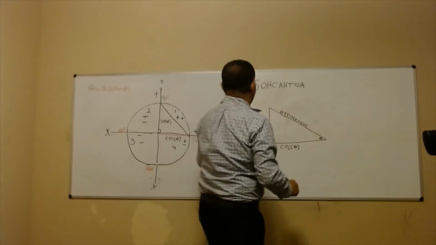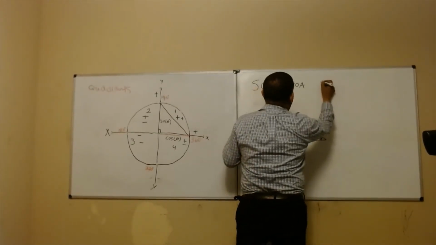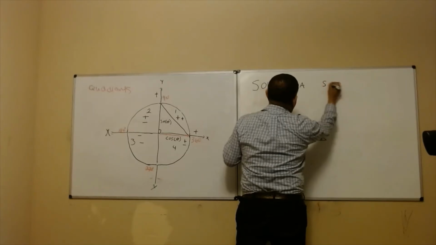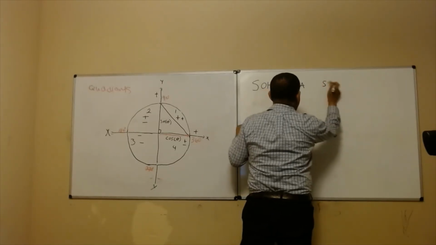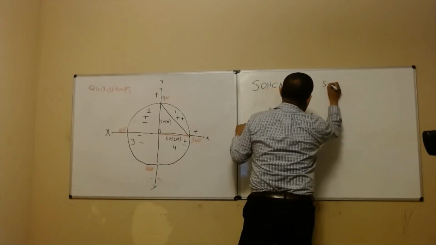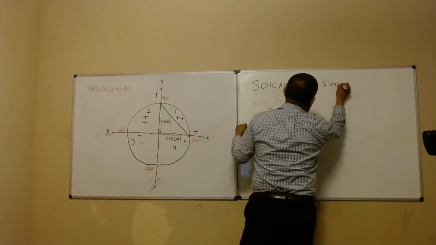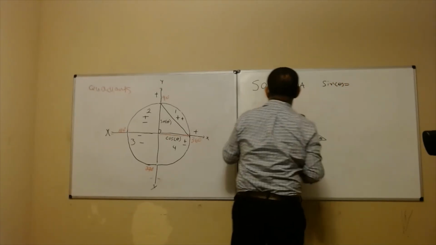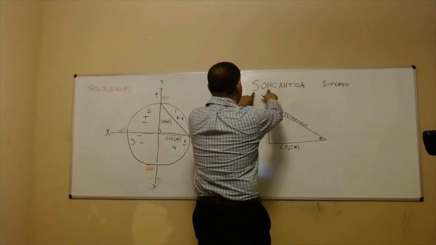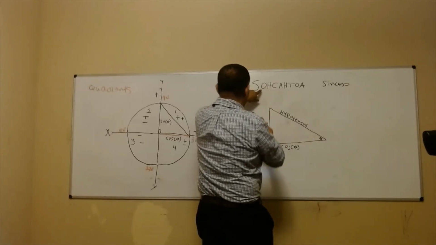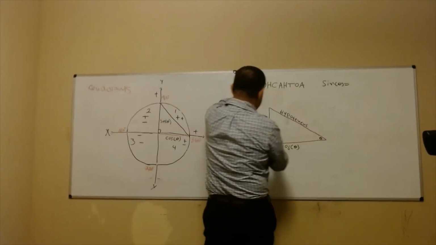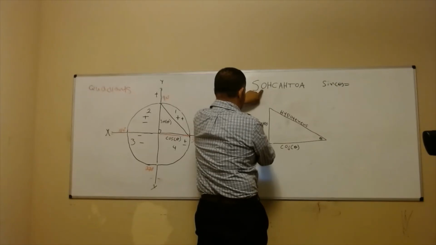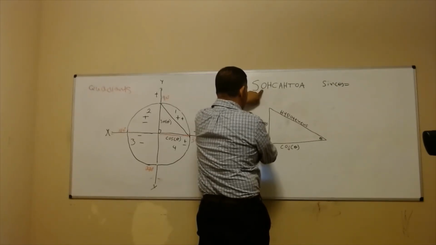Okay, so let's do this. Sine of theta is equal to what? Sine of theta is equal to opposite. What is opposite? This is opposite, right? Opposite over the hypotenuse.